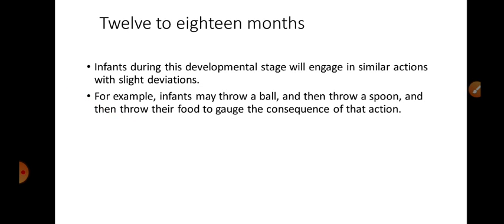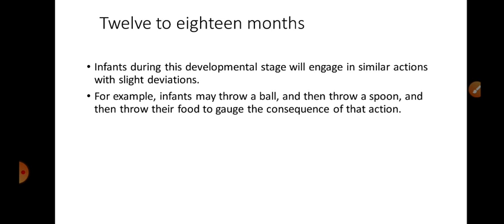Okay, 12 to 18 months, infants during this development stage will engage in similar actions with slight deviations. For example, an infant may throw a ball and then throw a spoon, and they throw their food to gauge the consequence of that action, right?